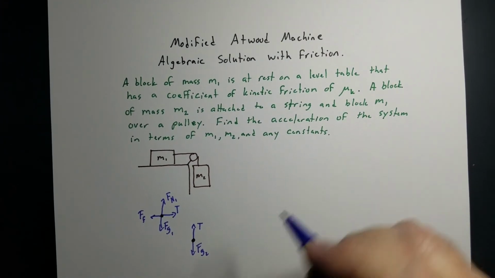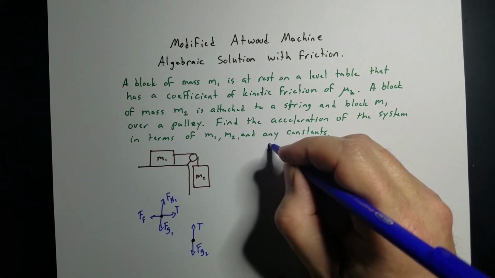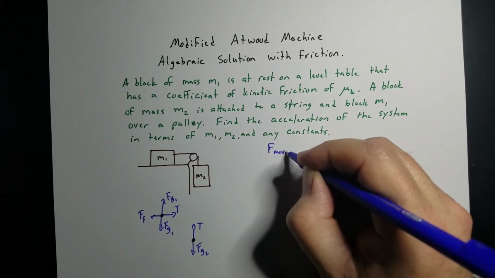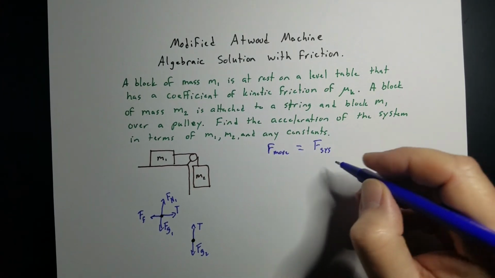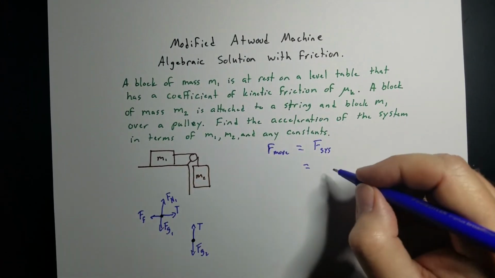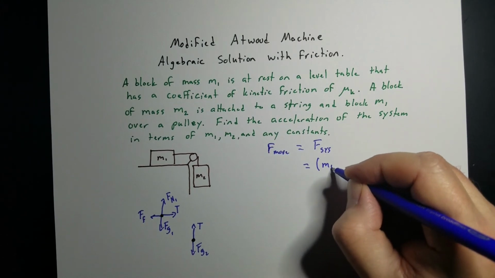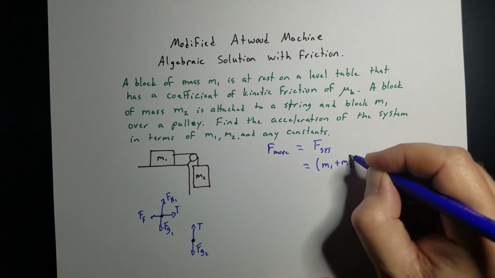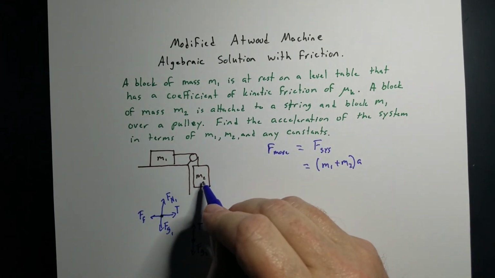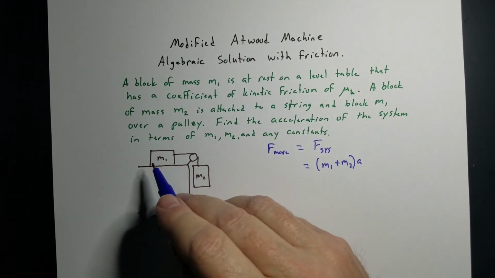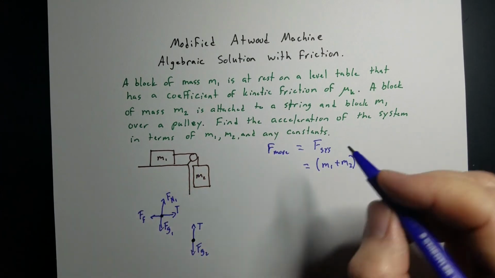Again, we'll solve it algebraically. The force that's making it move, or affecting the motion, is equal to the force on the system. Well, the system is both things moving together, so it's always (M1 plus M2)A. What's making it move is the weight of this one, minus the friction on this one holding it back.